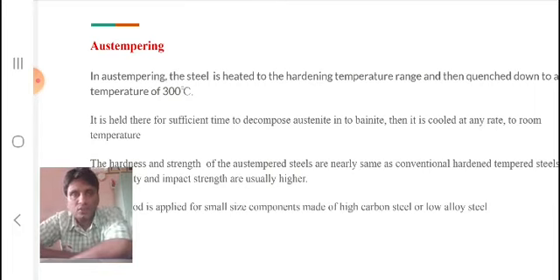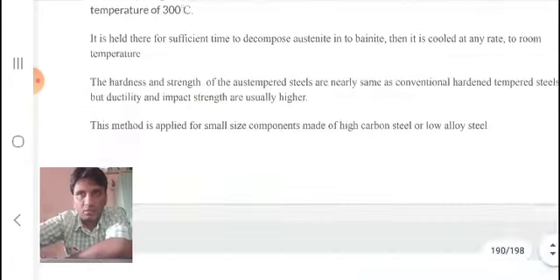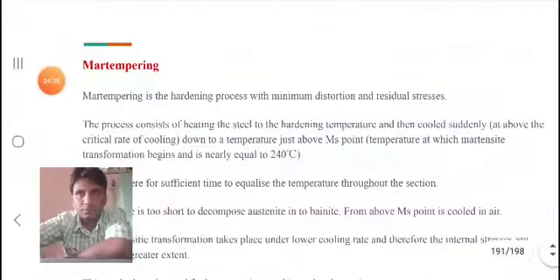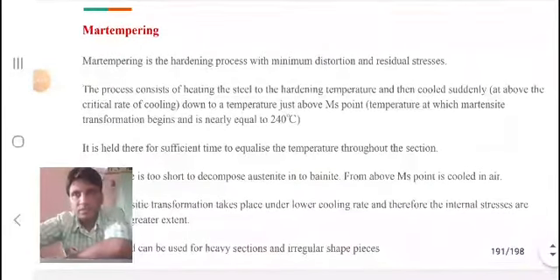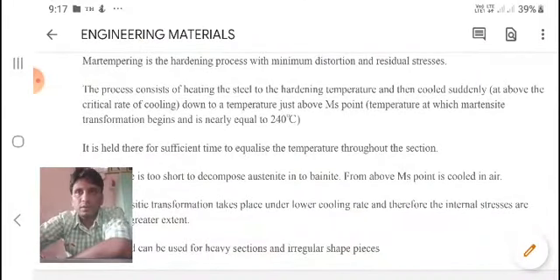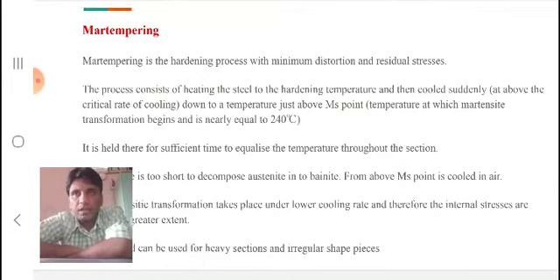So this is Austempering. Then the next topic is Martempering. So what is Martempering? Martempering is the hardening process with minimum distortion and residual stresses.